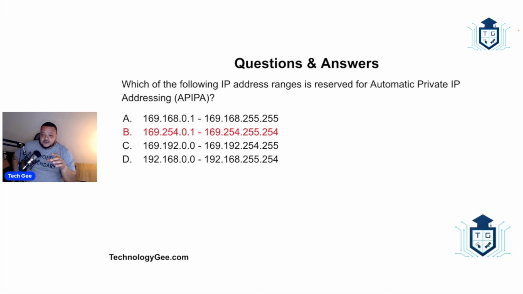That APIPA address will allow that device to only communicate within the local area network. You will not be able to get out and surf the internet if your device is assigned an APIPA address. As long as it has that APIPA address, it'll try to make contact with the DHCP server, I don't know, every 3 minutes or something like that, until it can establish contact, and then the DHCP can assign an IP address to that device. Once that happens, your device will be able to go out there and surf the internet and watch Tech G on YouTube, right? So that's how that works.